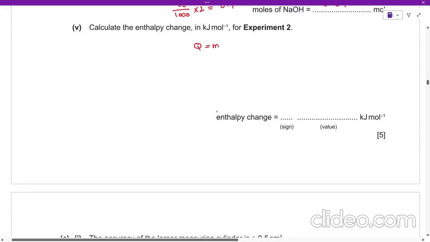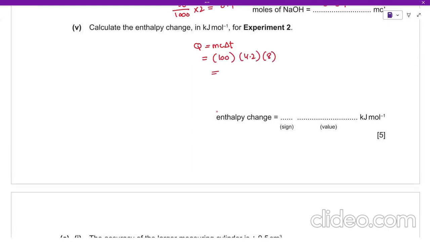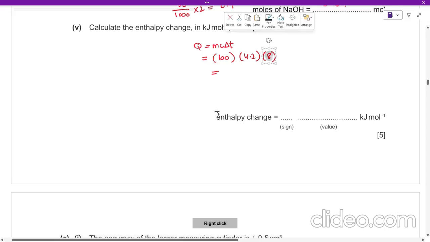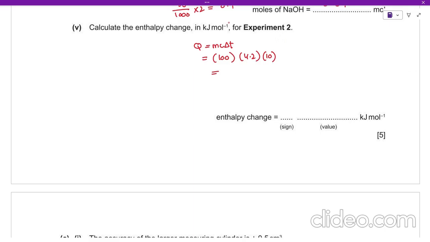So Q is equal to mc delta T. The mass was 50 plus 50 equals 100 grams, and then 4.2, and then the delta change, let's just take it as 10. So 100 into 4.2 into 10 is 4200 joules.